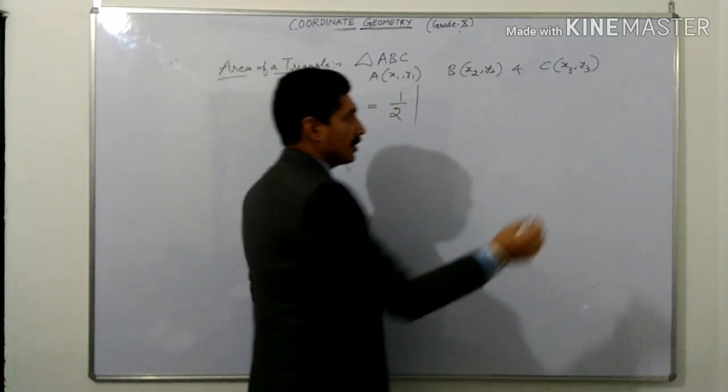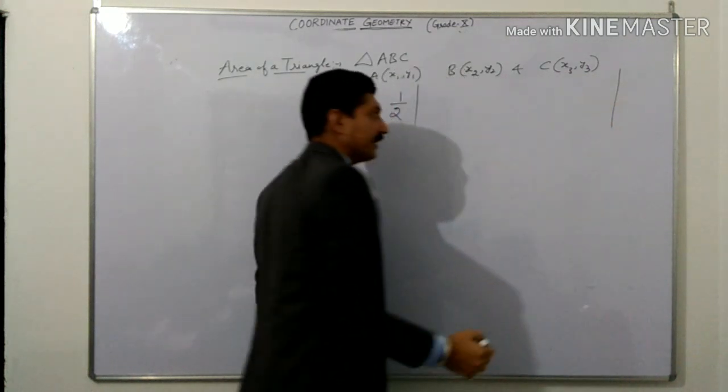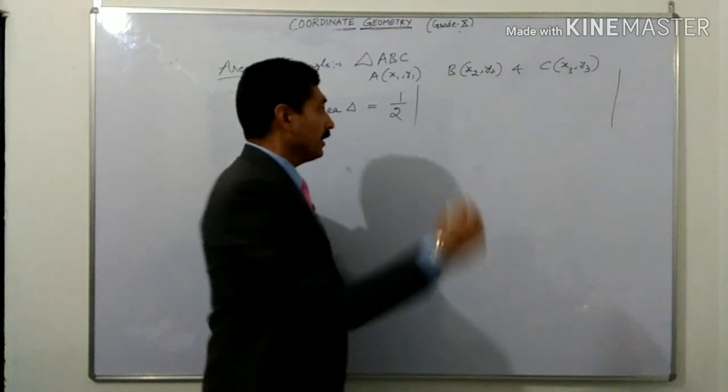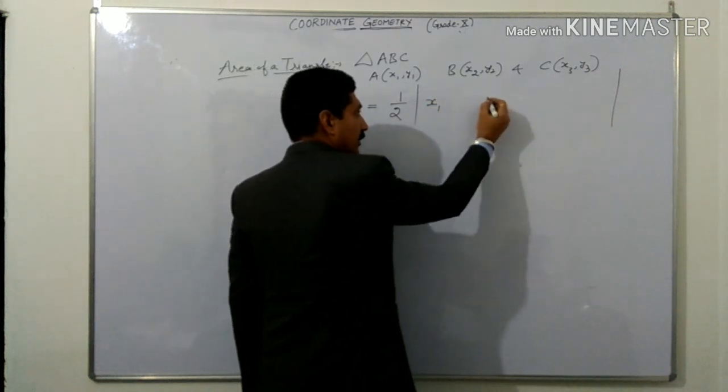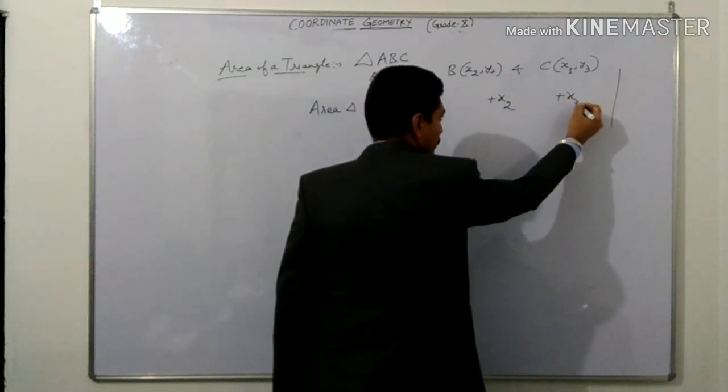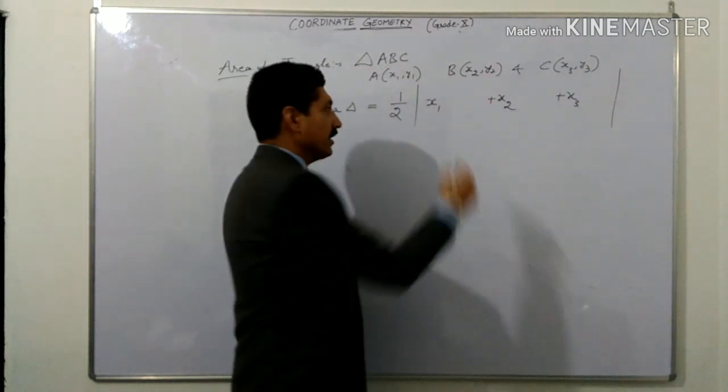Those students who find it difficult to remember the formula, although it is easy, should first write down x1, x2, x3 in a sequence.